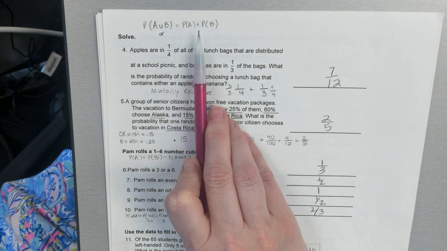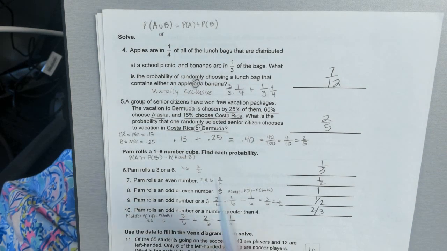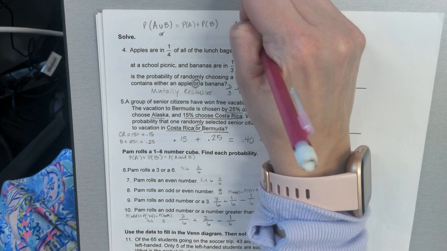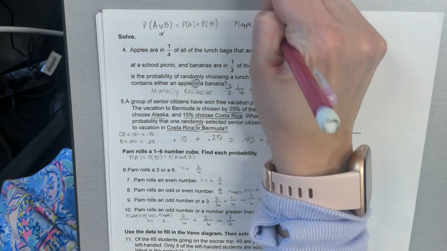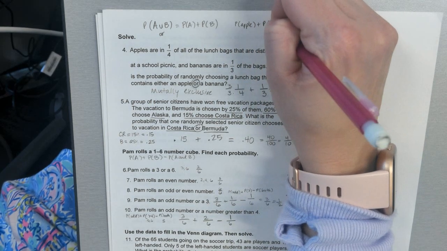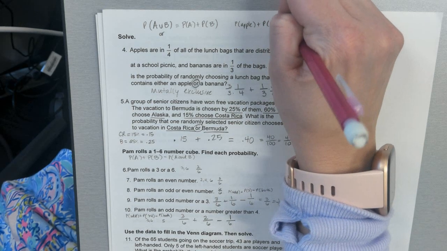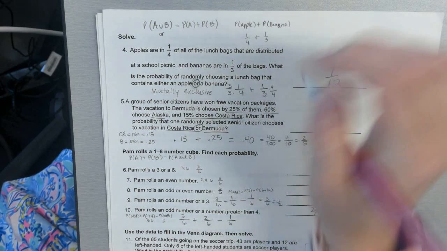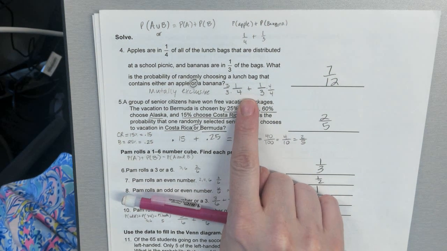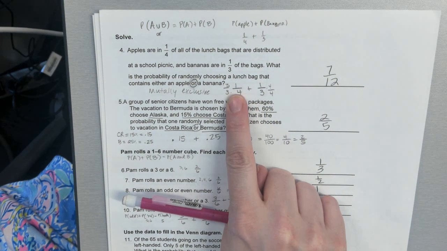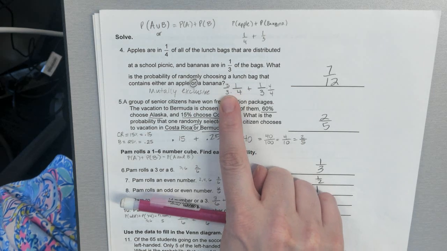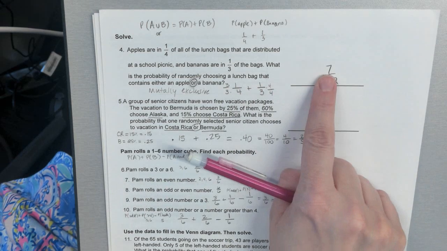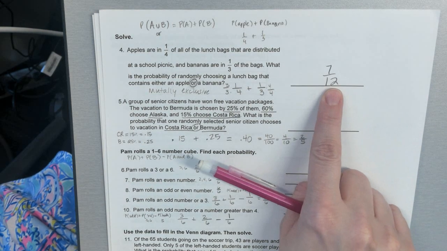It's the probability of A plus the probability of B. So the probability of getting an apple plus the probability of getting a banana. Now, once you have these, the 1/4 and the 1/3, remember, you can't add unless you have a common denominator. So your common denominator here is 12. Okay, so multiply by 3/3, multiply this one by 4/4, 3 plus 4 is 7, and the denominator is going to be 12.